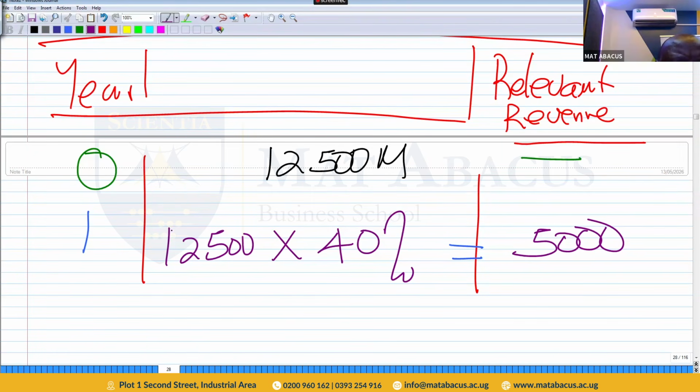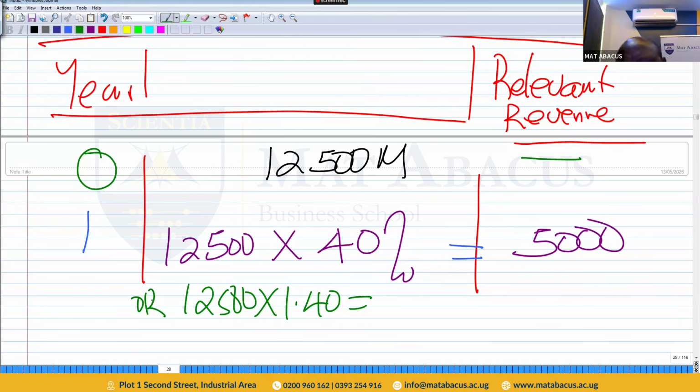Or someone could have first increased 12,500 by multiplying by 1.40, to show you that you get the same answer as an alternative. Let me put it on a calculator: 12,500 times 1.40 gives 17,500. When you subtract off that figure, which is not relevant, you will get 5,000.